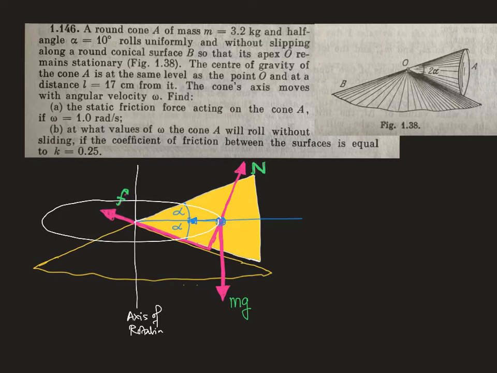So the acceleration of the center of mass of the cone is in this direction. Let A be the acceleration of the center of mass of the cone.